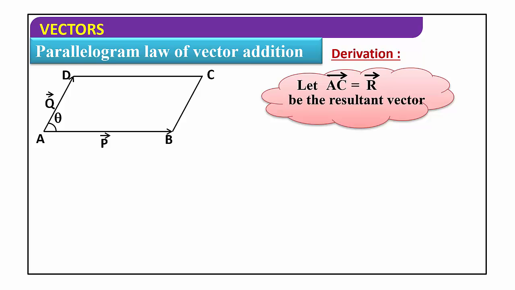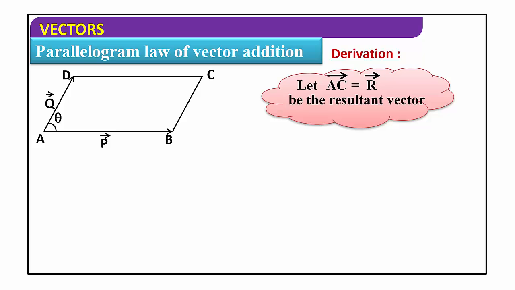Now I am going to consider the resultant vector. As we have studied the parallelogram law of vector addition in the previous class, you can remember the statement. What is the statement for the parallelogram law? When two vectors of the same type act simultaneously from the same point, represented in both magnitude and direction, then the resultant vector is represented both in magnitude and direction by the diagonal of the parallelogram.